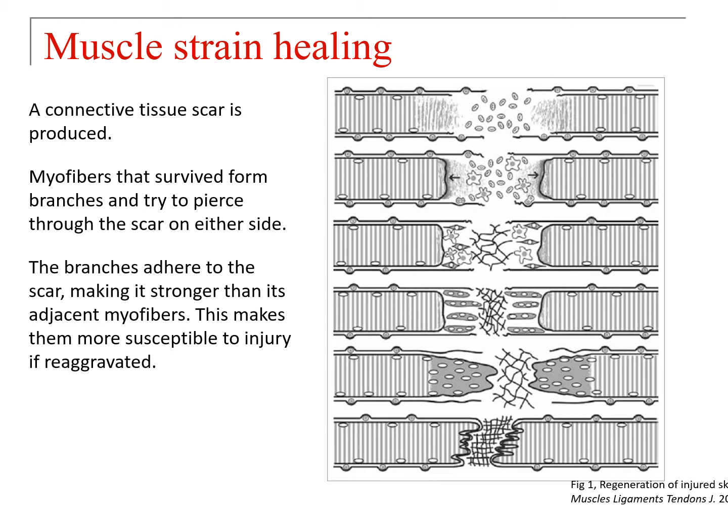And again, one of the problems you can run into is that by the time the branches are adhering to the scar, you're not going to have a lot of swelling or pain, and you're going to feel like you can work the muscle as well as you normally could. The unfortunate thing is that the muscle is still quite weakened at this injury point. You've probably seen athletes coming back from pulled muscles.